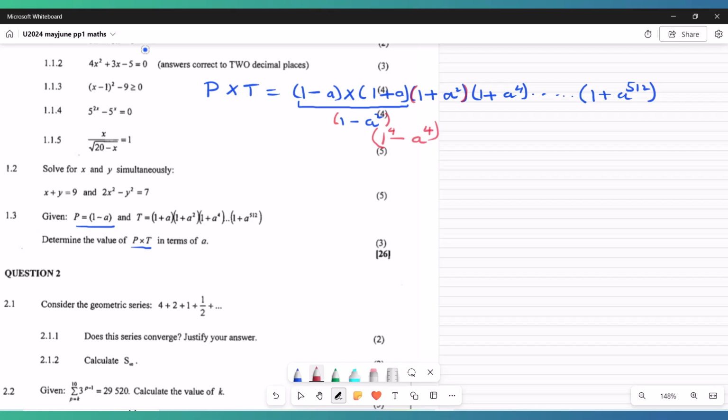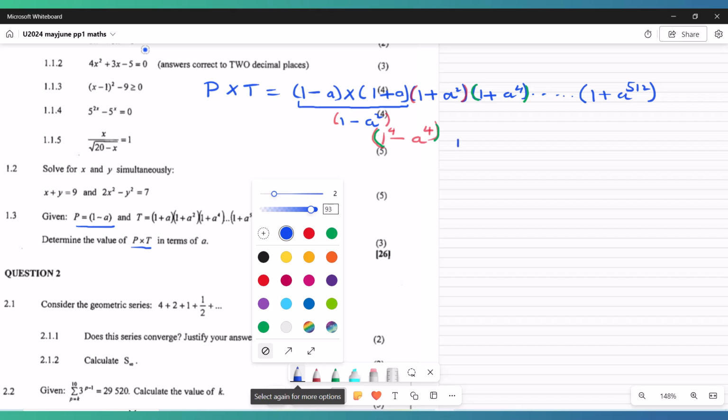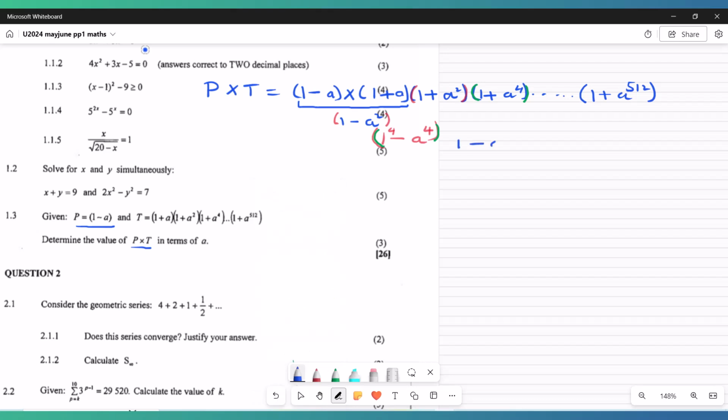Now I am multiplying this 1 minus a to the power 4 with 1 plus a to the power 4. Now I can see that again another difference of two squares is going to emerge from here. Okay, and in that case, if I simplify it, I'm going to get 1 minus a to the power 8.